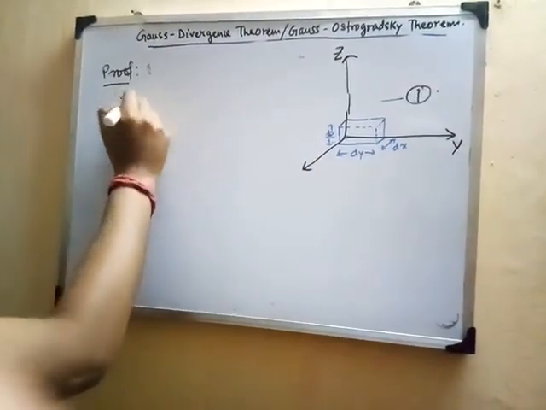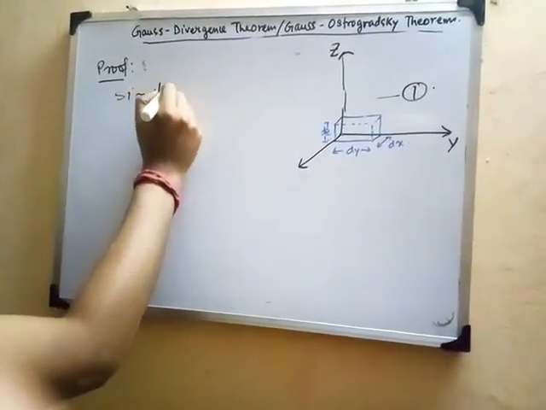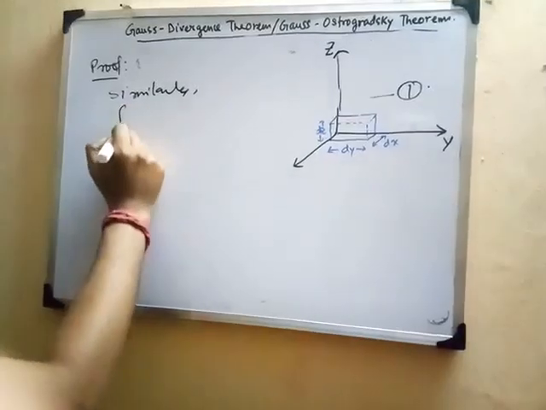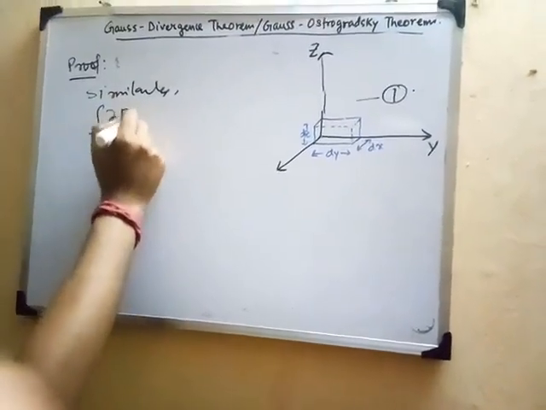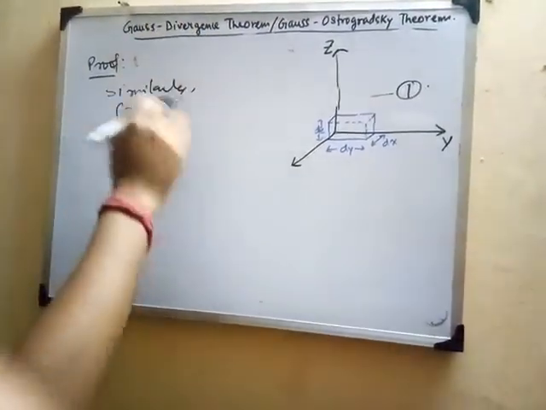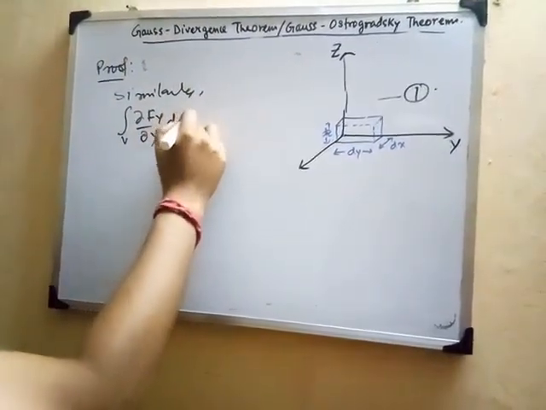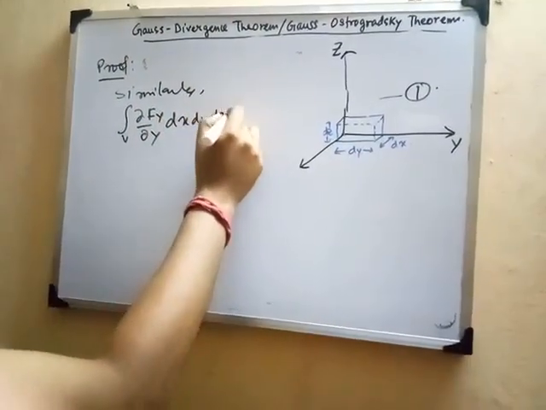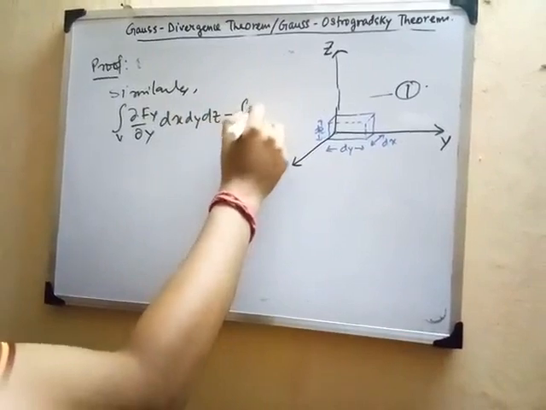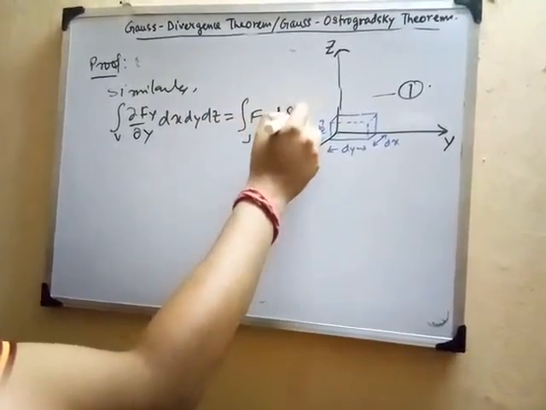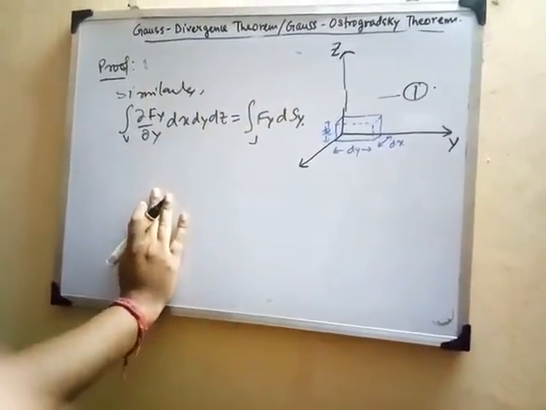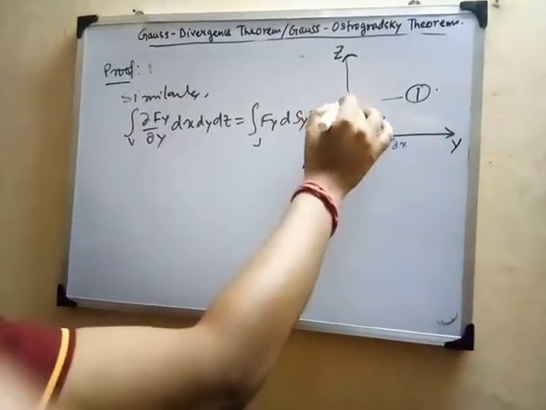Similarly we can write the volume integral of del fy by del y dx dy dz, which equals the surface integral of fy dsy, right? So this is one equation we have got. Suppose this is equation 4.